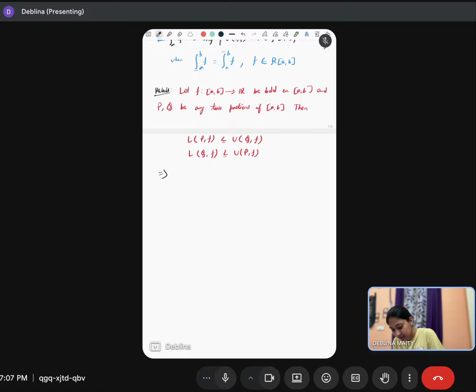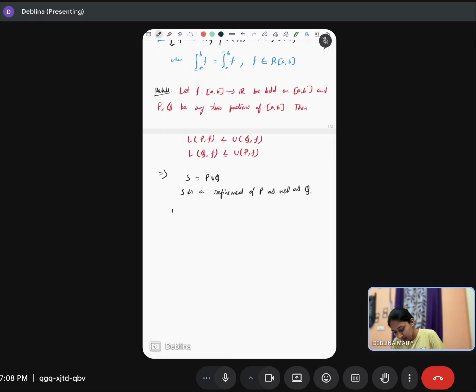First take S equal to P union Q. So S is a refinement of P as well as Q.